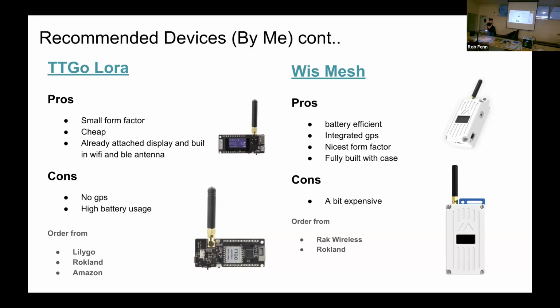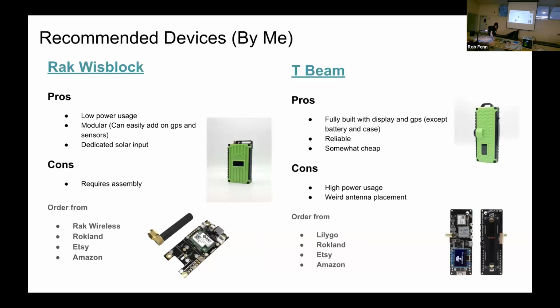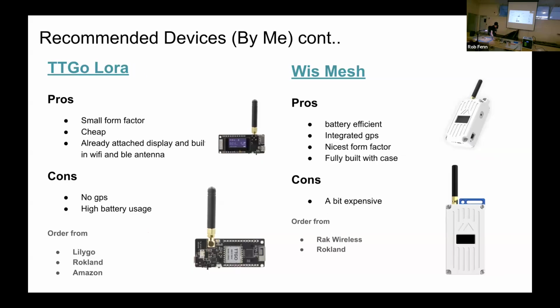So if you see 1262, that's the better, newer LoRa module, with better receive and transmit. I think this one might not have it, but I know the WisBlock has SX1262. The T-Beam might also have it.